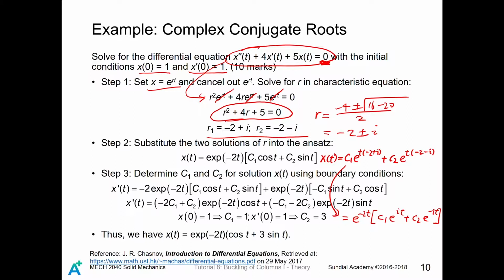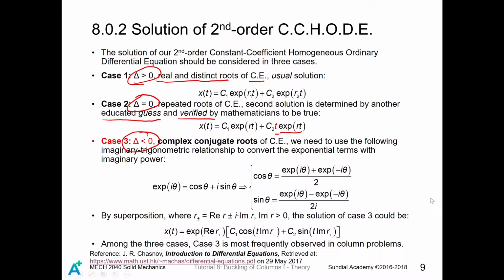So far you might have no idea why there is something like this. Why do we want to write things in this way? The reason is that we want to apply those two equalities, cosine theta here and sine theta here. As you can see, it is just a process of superposition.